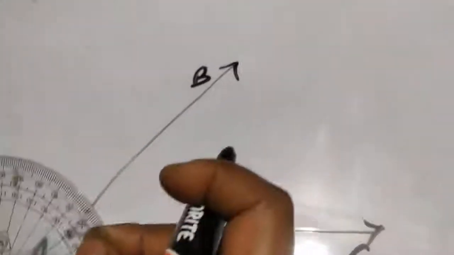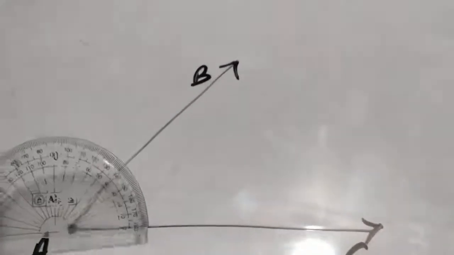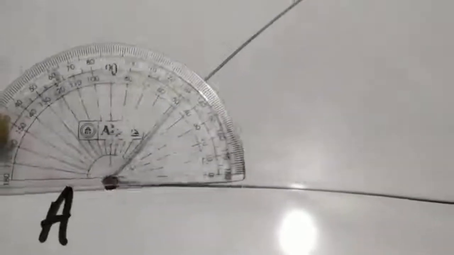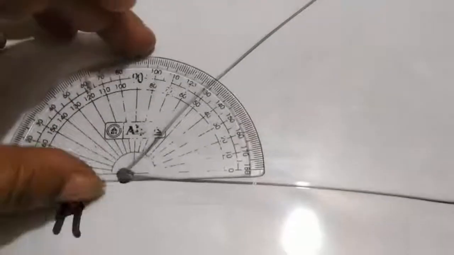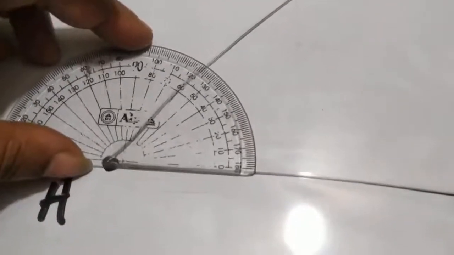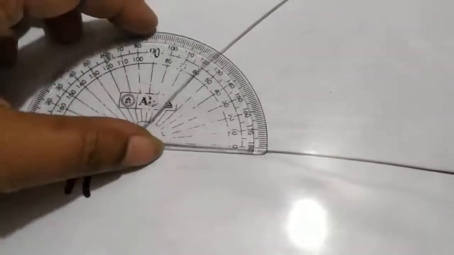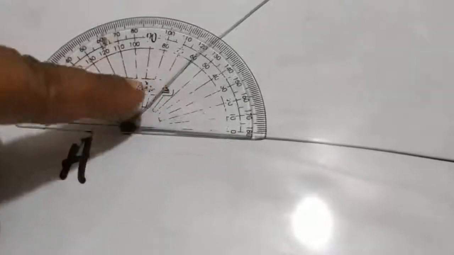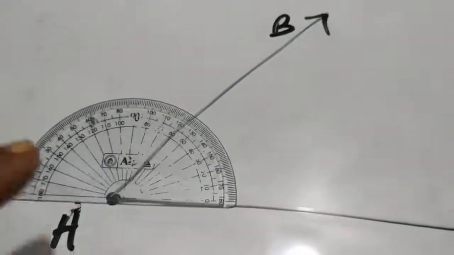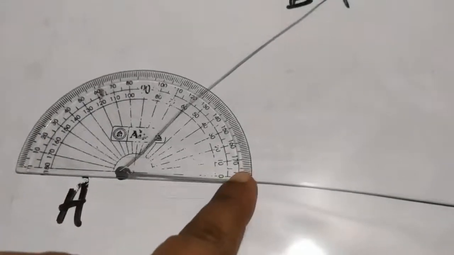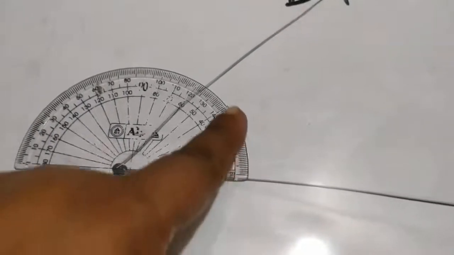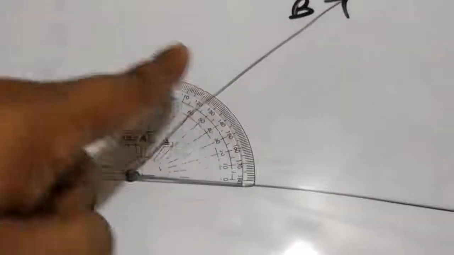Always remember that firstly this vertex will coincide with the 0 of the protractor, and the base of the protractor must coincide with one arm of the angle. Since this angle is facing towards the right side, I will take the measuring scale which starts from right to left, from 0 to 180 degrees.